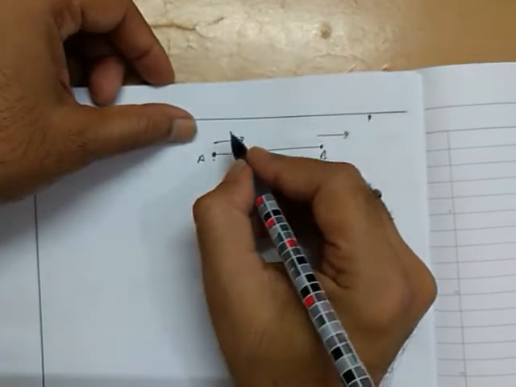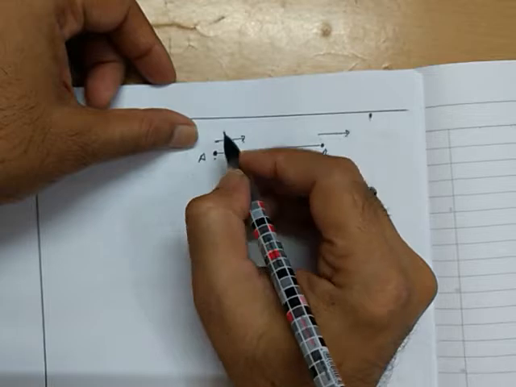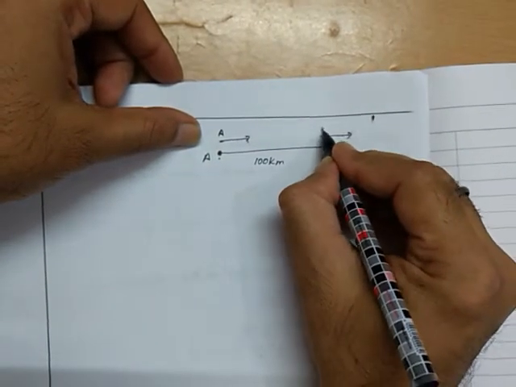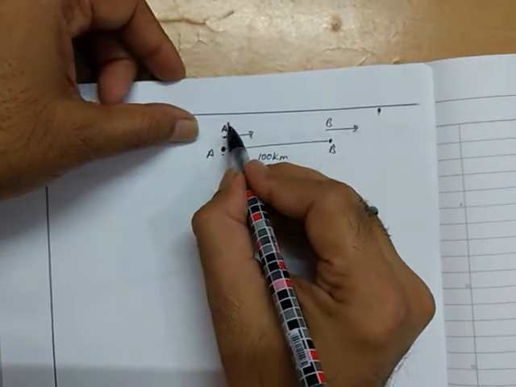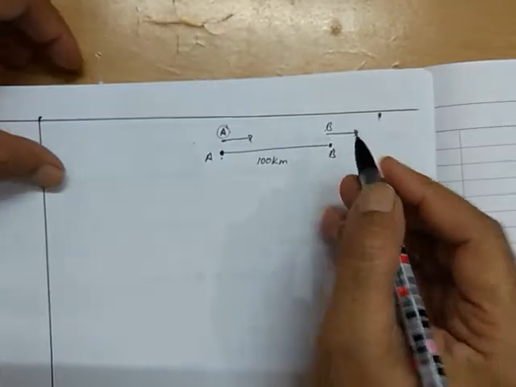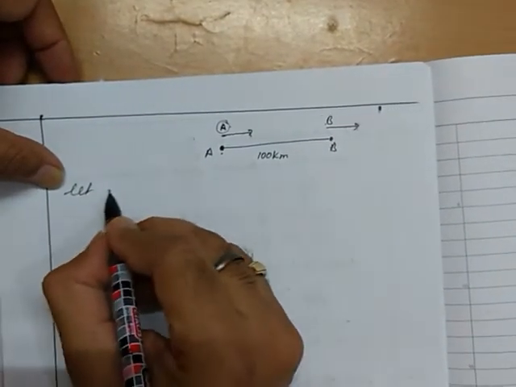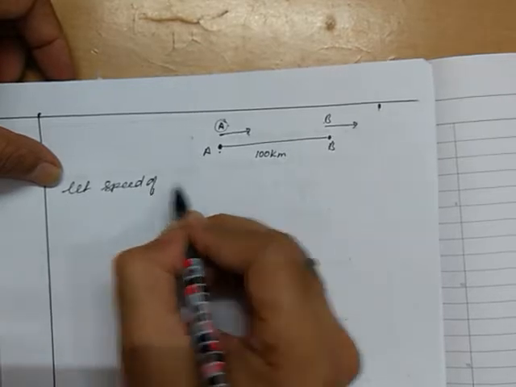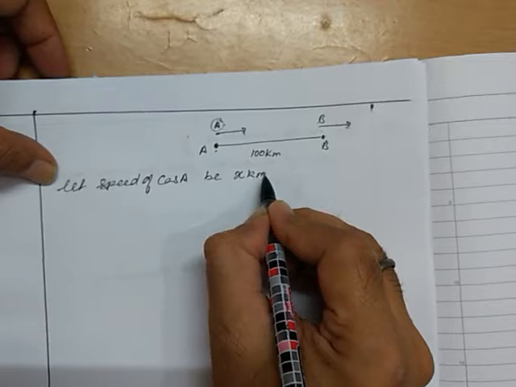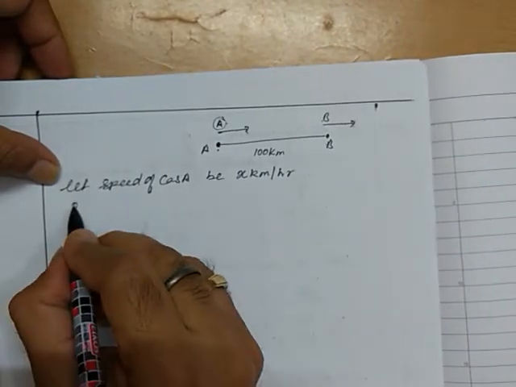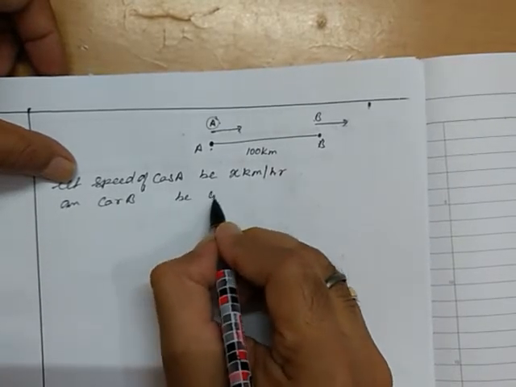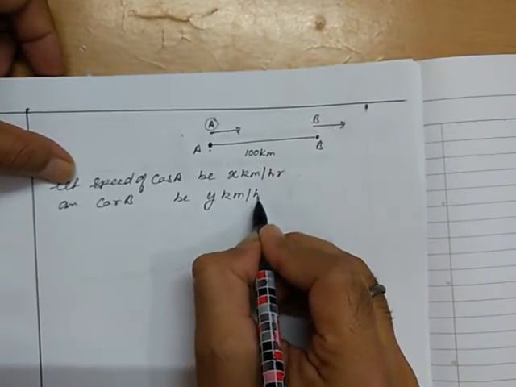So let the car started from A be named car A, and the car started from B be car B. The speed of car A should be greater than the speed of car B. So let the speed of car A be x kilometer per hour and car B be y kilometer per hour.